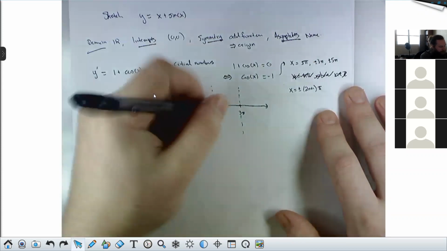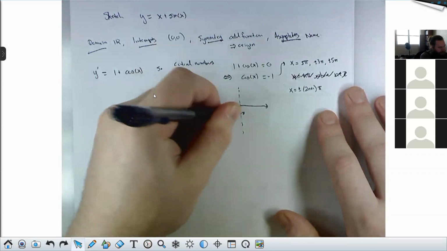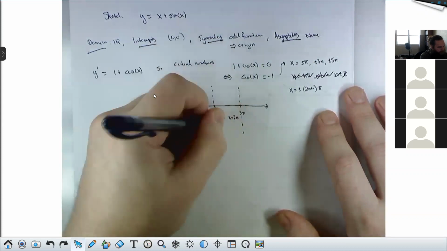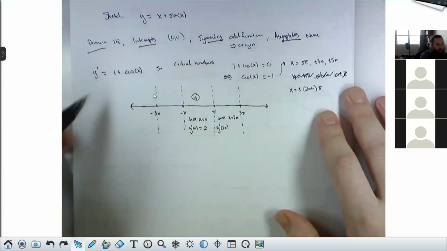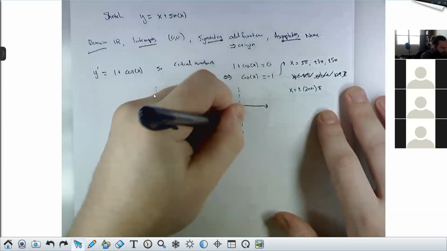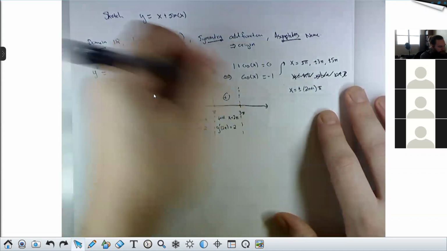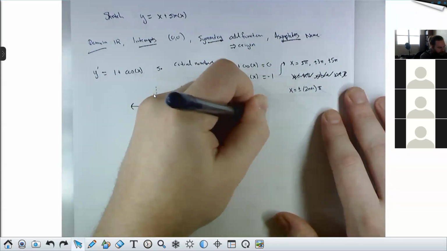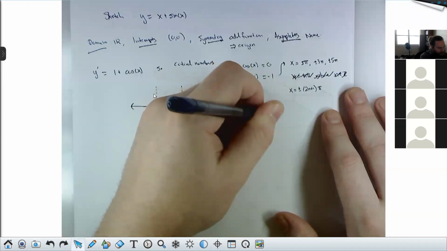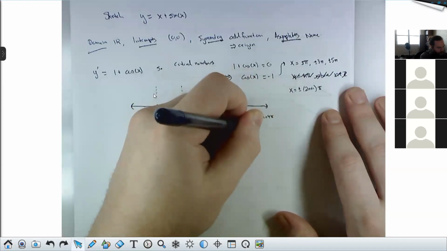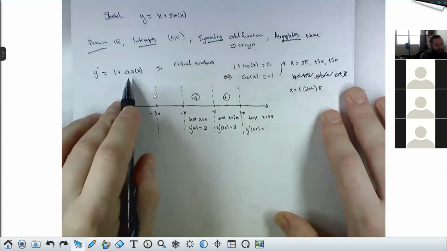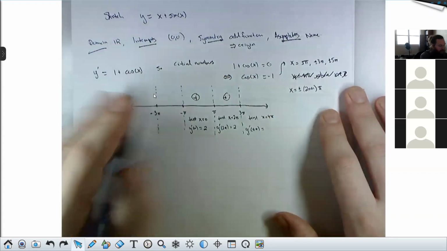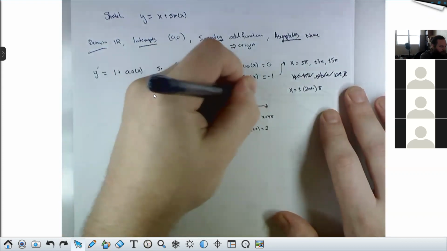Between pi and 3 pi, I could test x equals 2 pi. y prime of 2 pi is 1 plus the cos of 2 pi. The cos of 2 pi is also 1, so this is also 2. This is positive. Over here, we could test x equals 4 pi. y prime of 4 pi is 1 plus the cos of 4 pi. The cos of 4 pi is also 1. So this is 2. You're seeing a pattern, right?